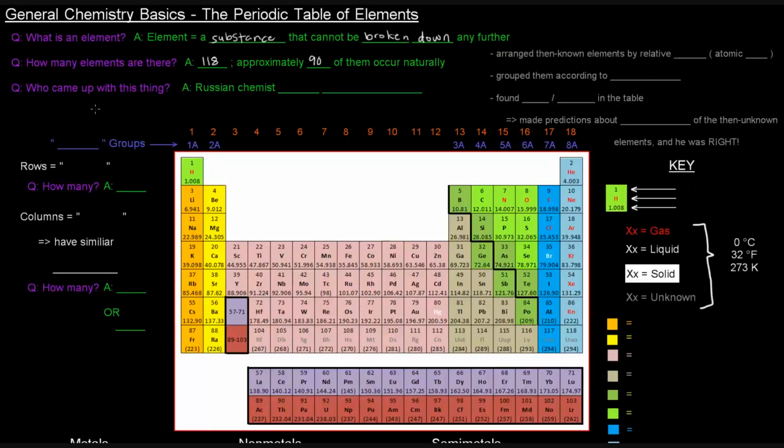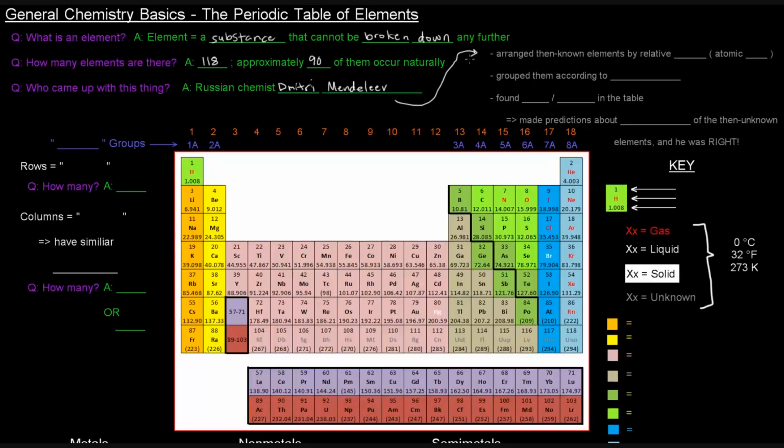Okay, so another question is, who came up with this thing? Genius dude. Russian chemist Dmitry Mendeleev, like that. I think I spelled that correctly. So what he did was, he's pretty brilliant.